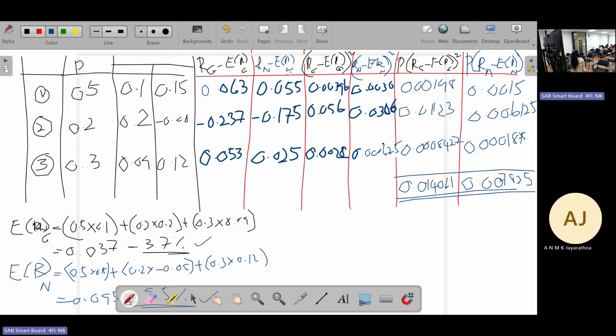Have you all got the same answers? Check whether you have got the same answers. This is what is called variance. Variance for G. This is variance for N.